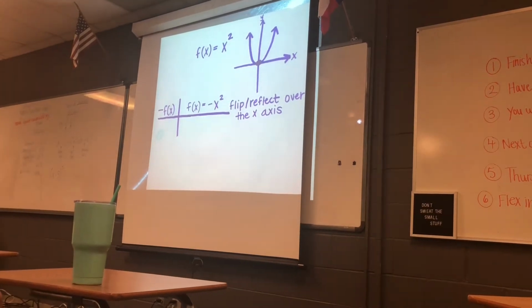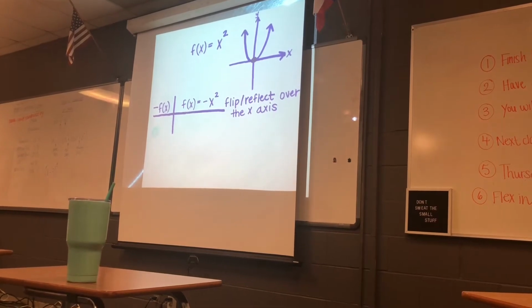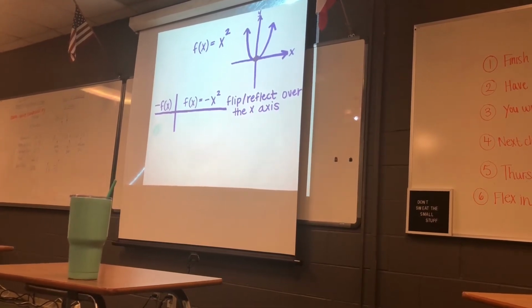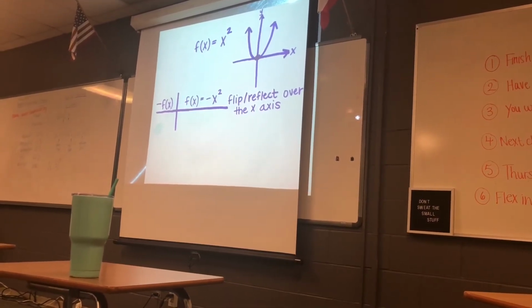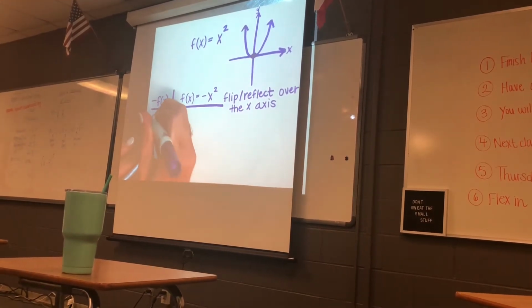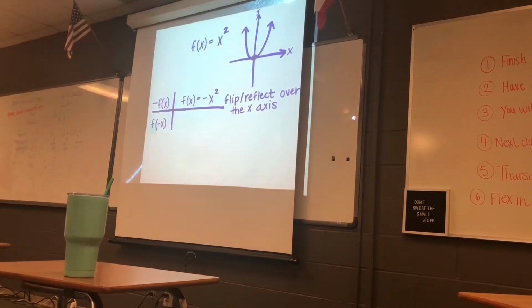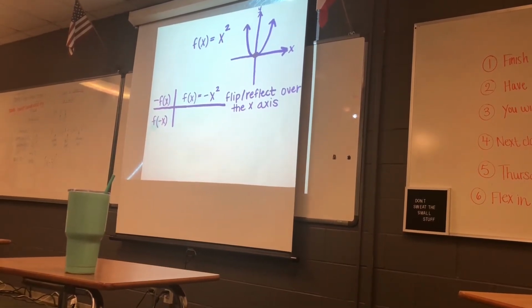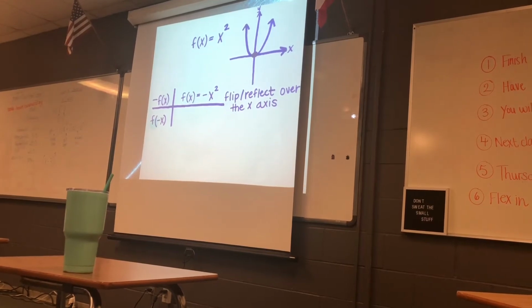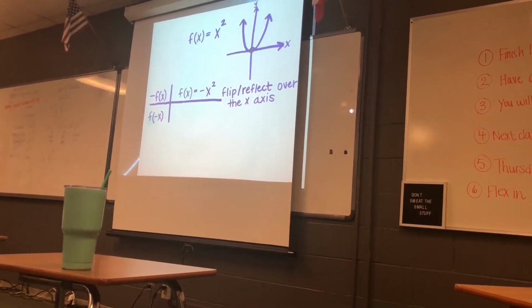Now how do you get a flip or a reflection over the y-axis? Where would the negative sign have to go? In the parentheses, correct. Written like this, that would look like f of negative x. That minus sign, instead of being in the very front, is actually paired up with the x in the parentheses.